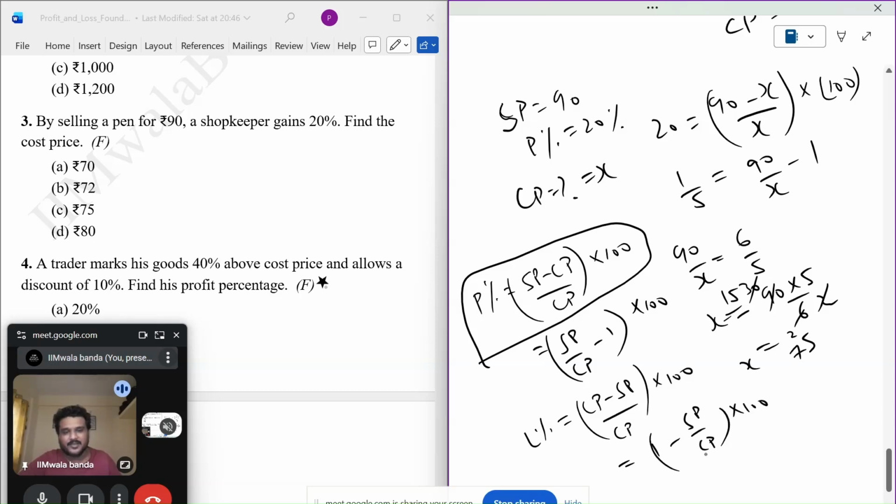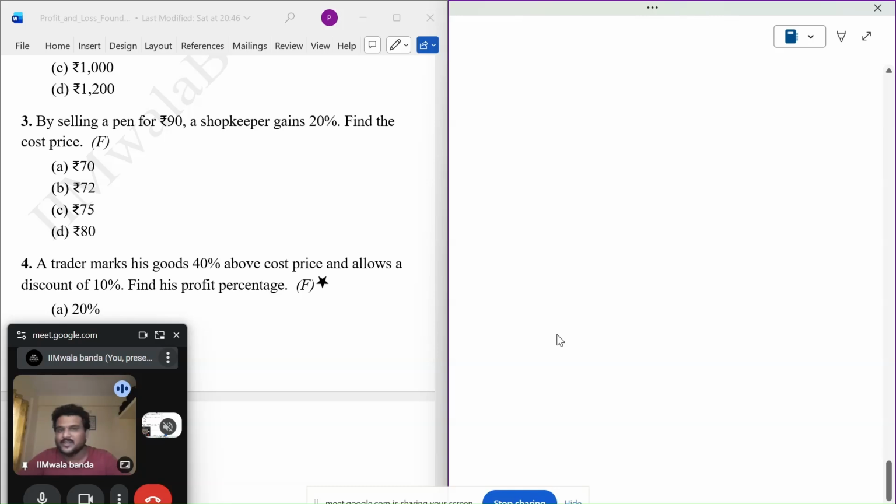Why? This fraction will always be something, 0 point something, because it's a loss, which will get multiplied, and I'll get loss percentage. So why 1 minus? Because it has to be less than 1. That's why it's showing as loss.